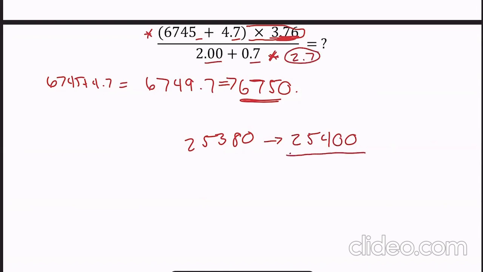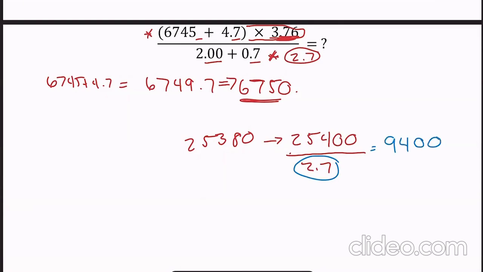So now we can do this. We go 2.7, and now we can go ahead and put this calculation in. 25400 divided by 2.7. I have to go with 2 significant figures, regardless what the calculator says. 2 significant figures says that this is my answer.